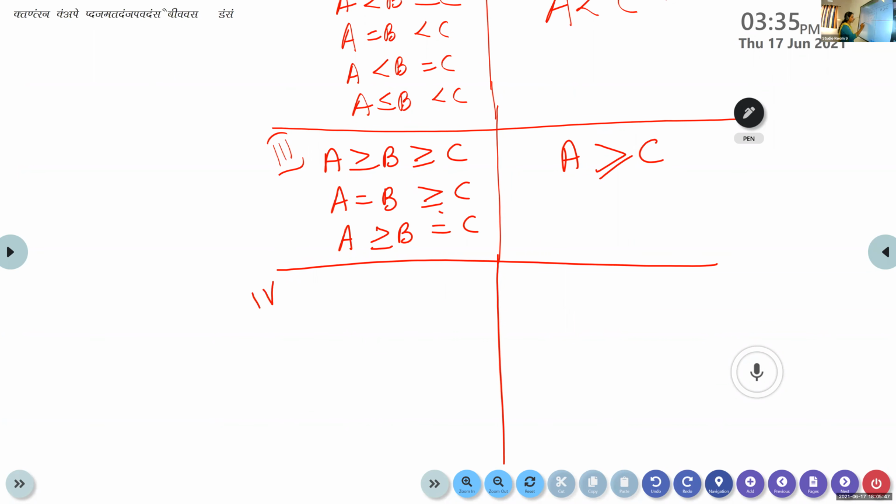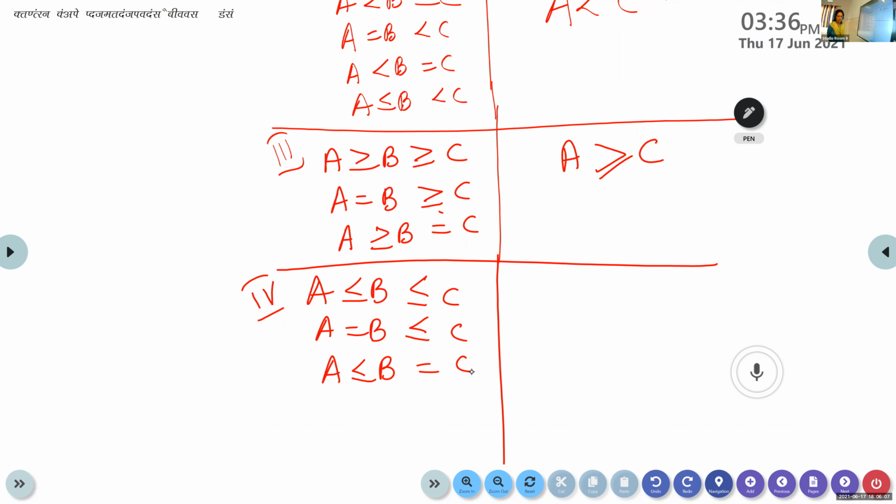Now write the next one, fourth one. A less than or equal to B less than or equal to C. A equal to B less than or equal to C. A less than or equal to B equal to C. A less than or equal to B less than or equal to C. A equal to B less than or equal to C. A less than or equal to B equal to C. From here, what is the conclusion you can give?